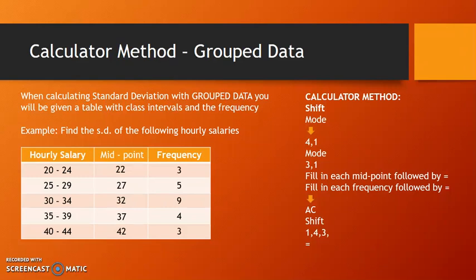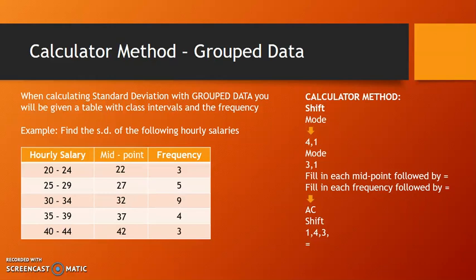And then you're going to fill each frequency followed by equals. Then you're going to press your down arrow, that big center button in the middle of your calculator, so you press it down, AC, and then shift, and finally 1, 4, 3, and then equals. And this will calculate the standard deviation of the hourly salaries.